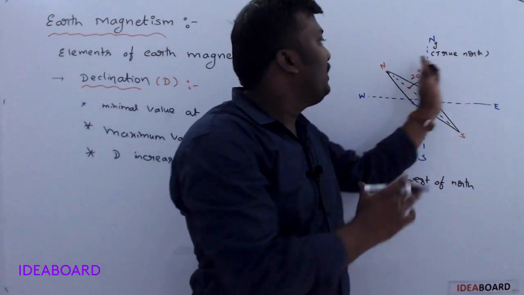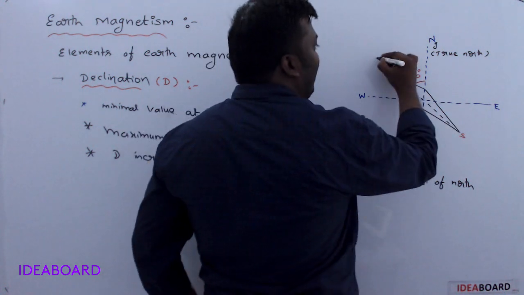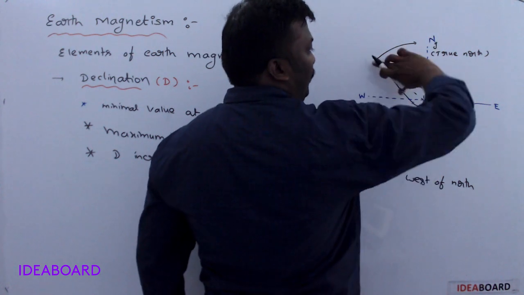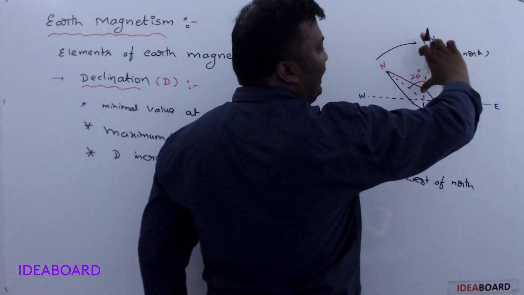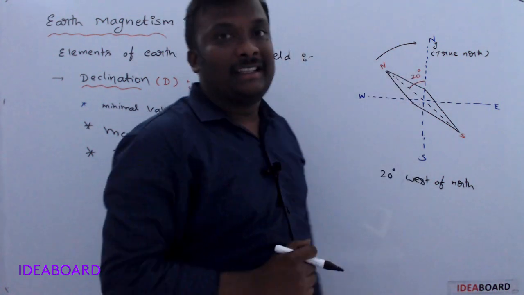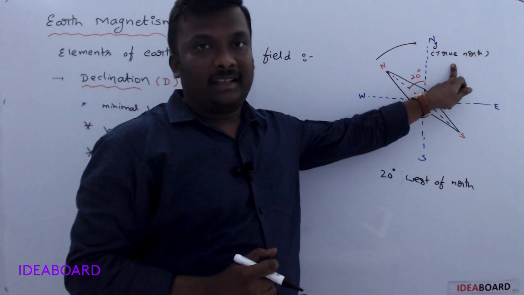So if you want to determine the true north direction, this compass needle is turned towards the east. If you turn 20 degrees towards the east, then this indicates the exact direction of the true north. Understand?